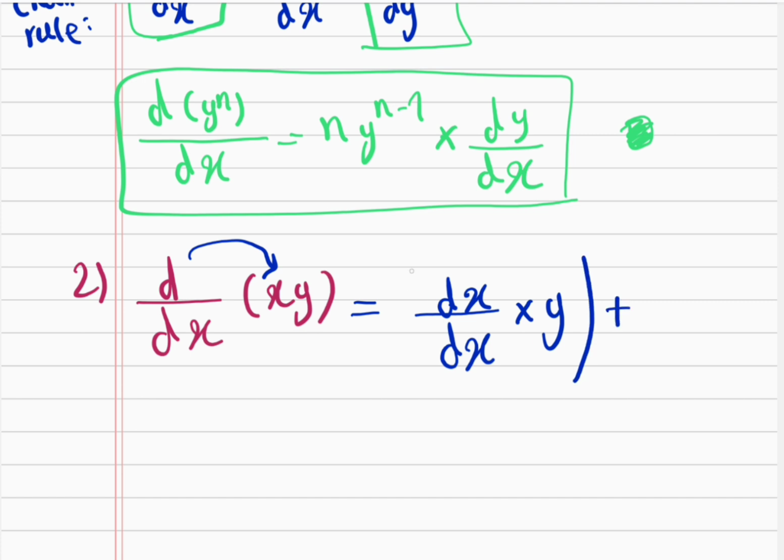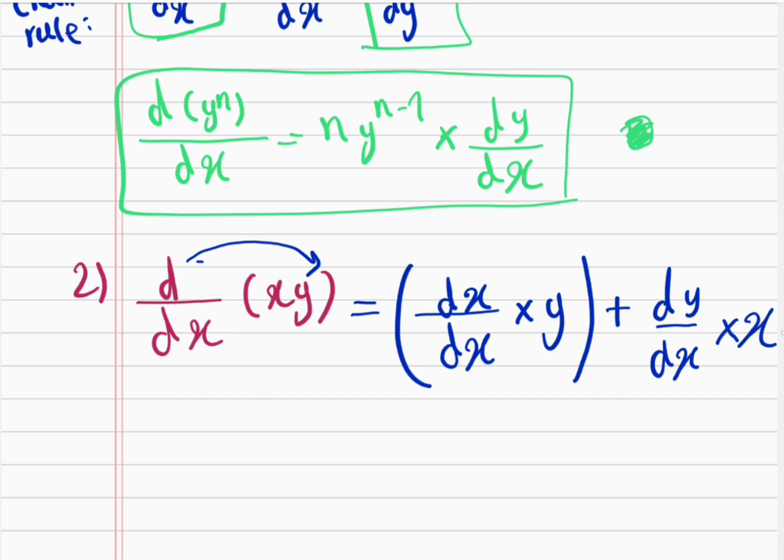For the next one, I'm going to do the opposite. I will apply the differentiation to the second function and multiply by the first one, so like this, dy dx times x.